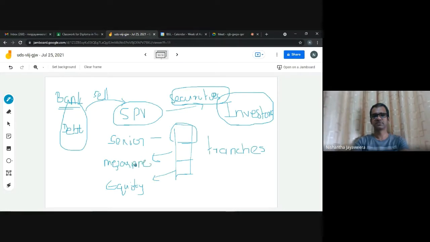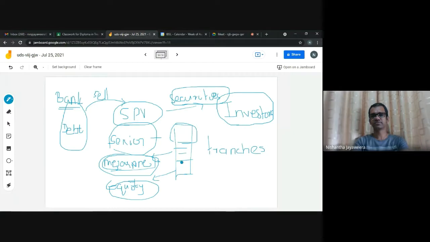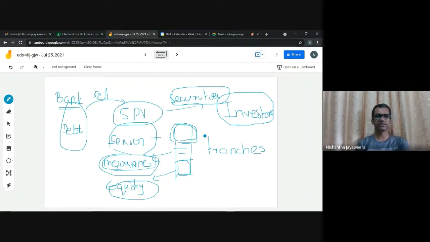So this is the safest, this is the next safest, and this is the riskiest tranche. There can be more tranches, but usually one equity tranche and one most senior tranche, so at least three tranches.